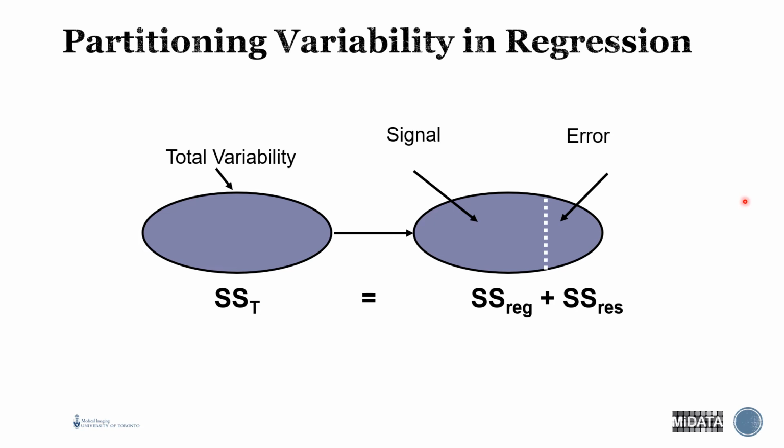So once again, you'll recognize this figure, but in this case, we're looking at partitioning the variability in regression. So the total variability, as I've just shown you on the graph in the previous slide, is the sums of squares total. And it's going to be partitioned into the signal and the error, where the signal is your sums of squares regression, which represents your model, and the sums of squares residuals, which represents your error.